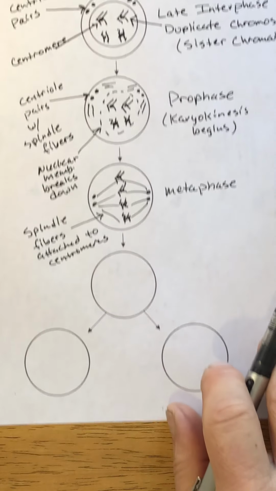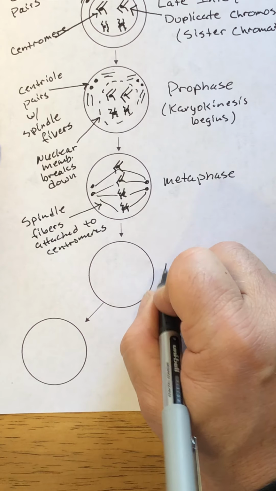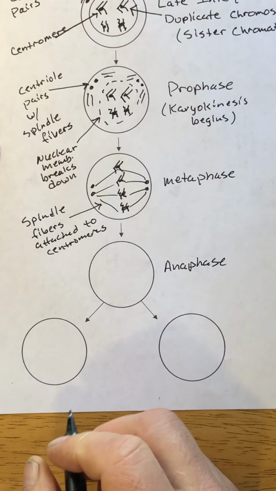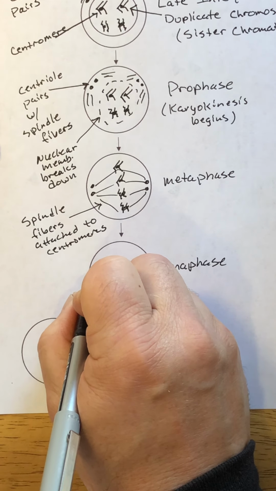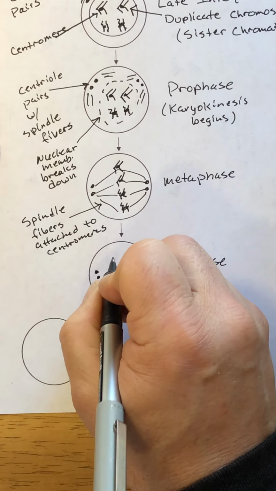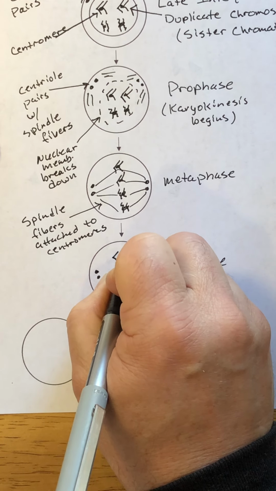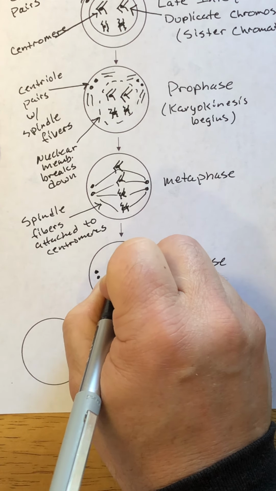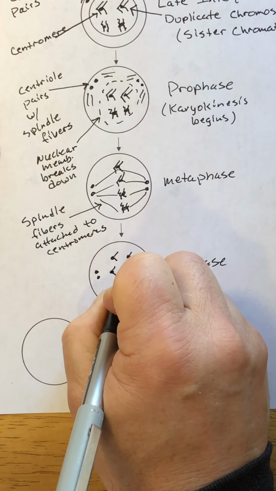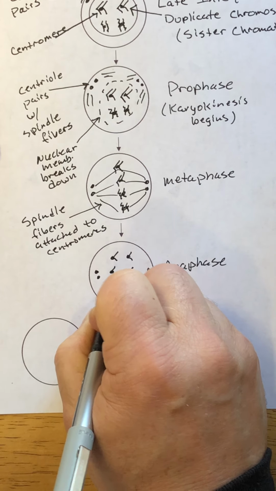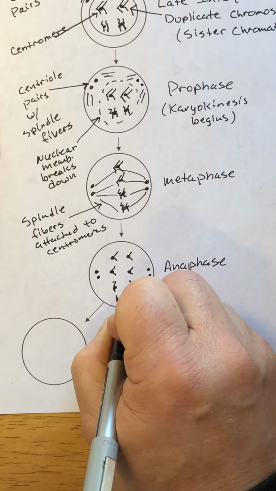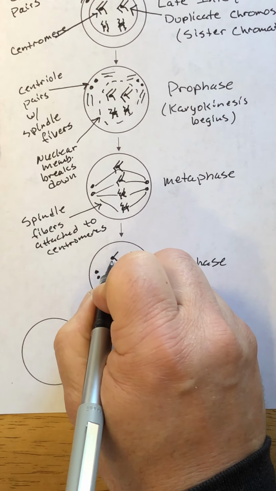The next phase of mitosis is anaphase. And during anaphase, this is the first phase of mitosis where we see the duplicate chromosomes pull apart or separate. And so they're going to start to move towards opposite poles of the cell, and they're going to essentially follow these spindle fibers back.